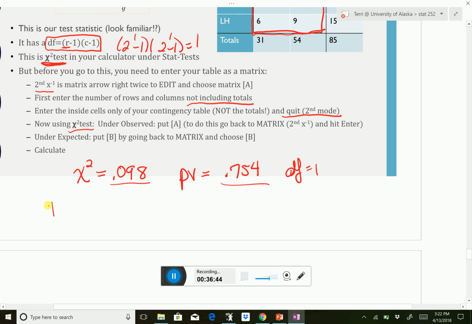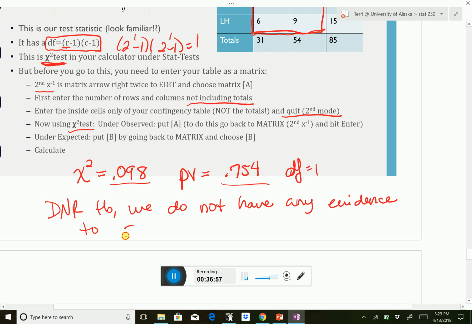So do not reject the null. We do not have any evidence to suggest that handedness and gender are dependent.